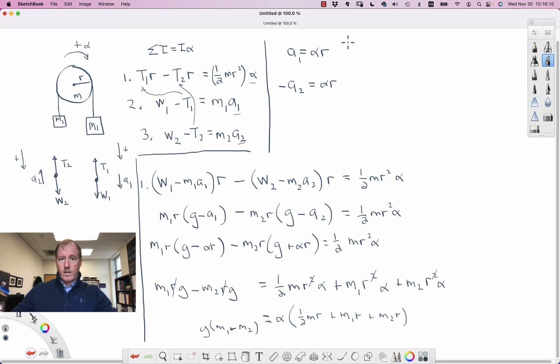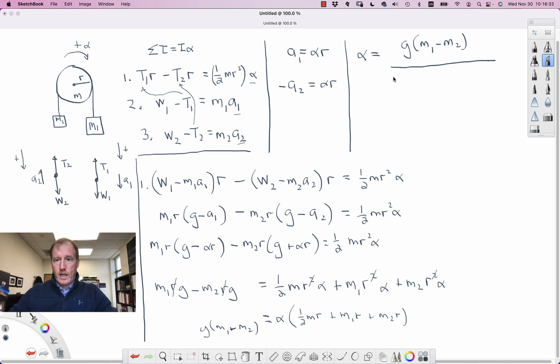Okay, now I'm going to move up to here, and I'm going to solve for alpha. And by the way, I might factor out the r's from each of these in the process, but it'll go like this. Alpha is equal to g times m1 minus m2 divided by this whole thing that's in parentheses.